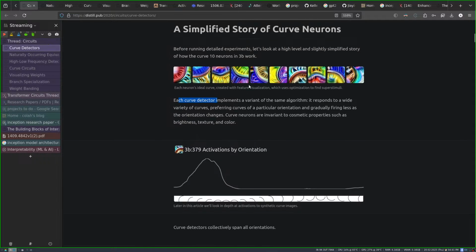Each curve detector implements a variant of the same algorithm. It responds to a wide variety of curves, preferring curves of a particular orientation, gradually firing less as the orientation changes. Curve neurons are invariant to cosmetic properties such as brightness, texture, and color.